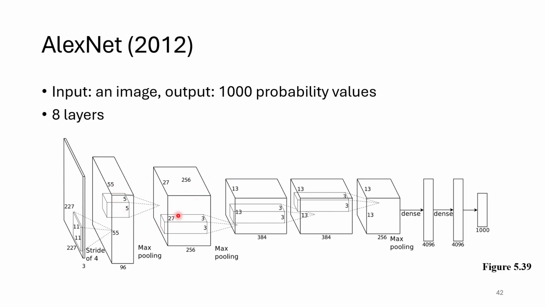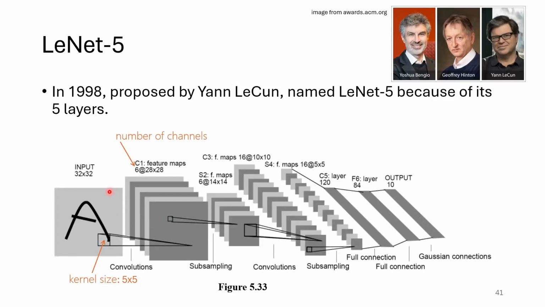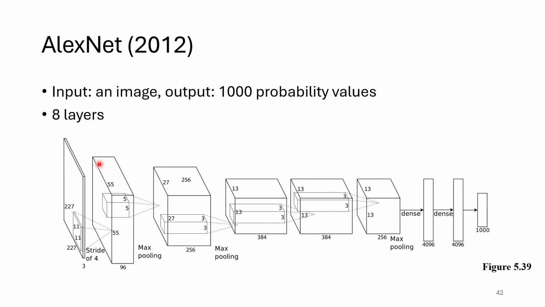Why? Because the image resolution in LeNet is only 32 by 32, but for ImageNet it is 227 by 227.